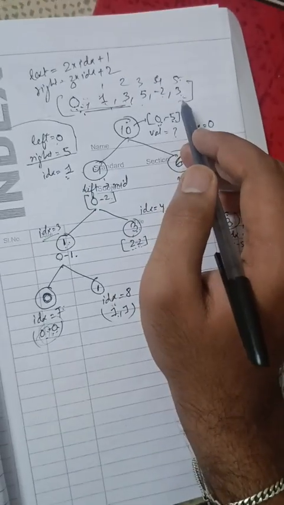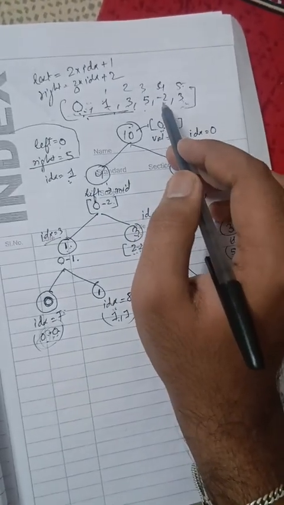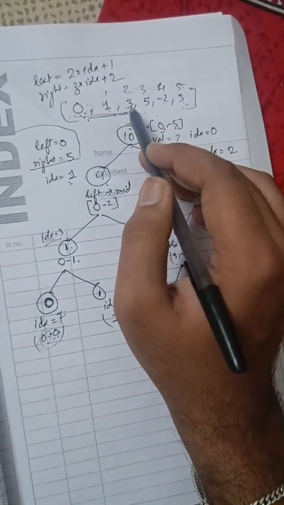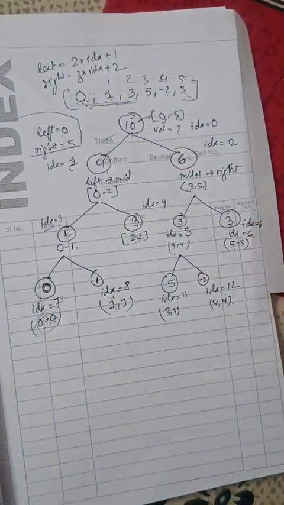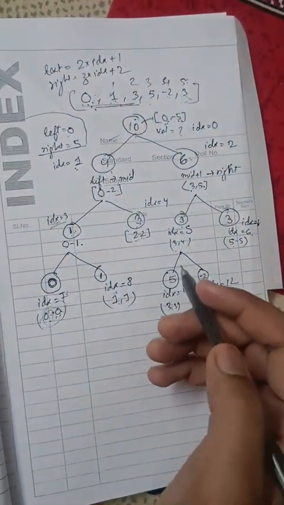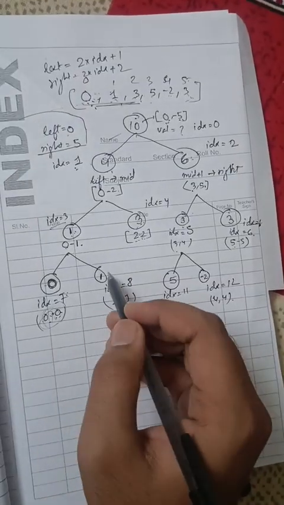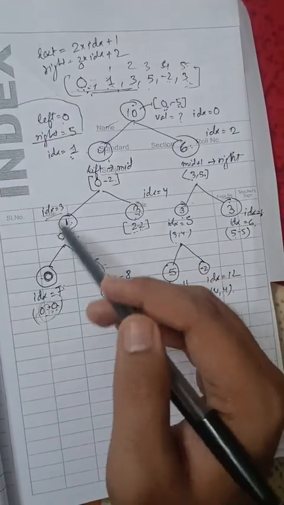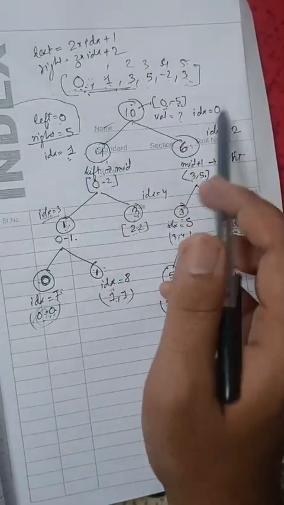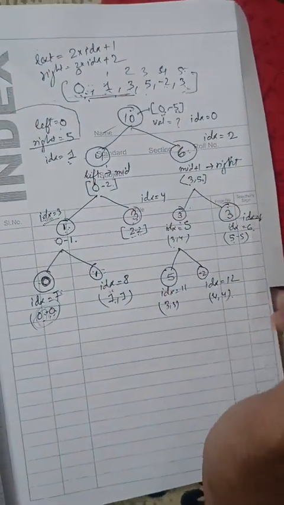You can verify it, 5 plus 3 is 8 minus 2 is 6, 6 plus 3 is 9 plus 1 is 10, so the value is 10. If you have to find the multiplication, you will simply multiply it, 1 into 0 is 0, and then again this will also become 0, and then overall it will become 0, right?